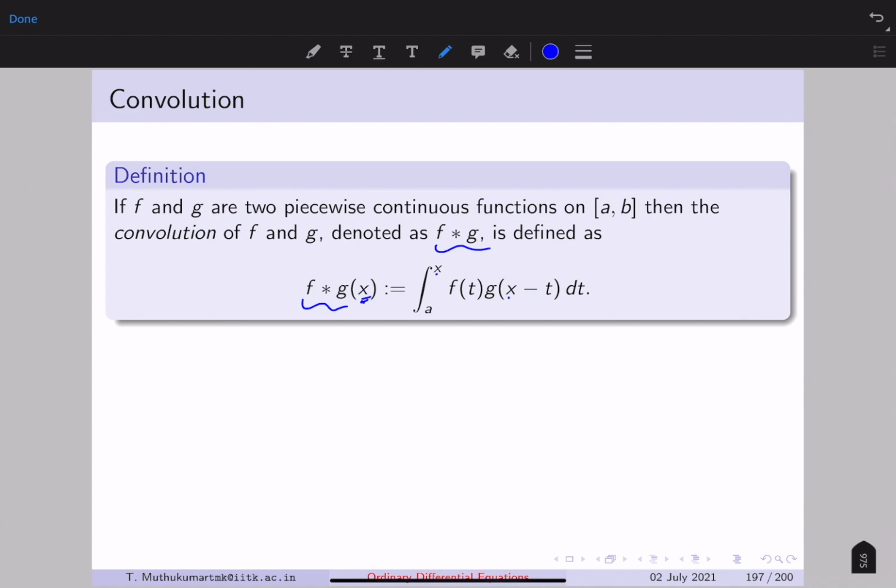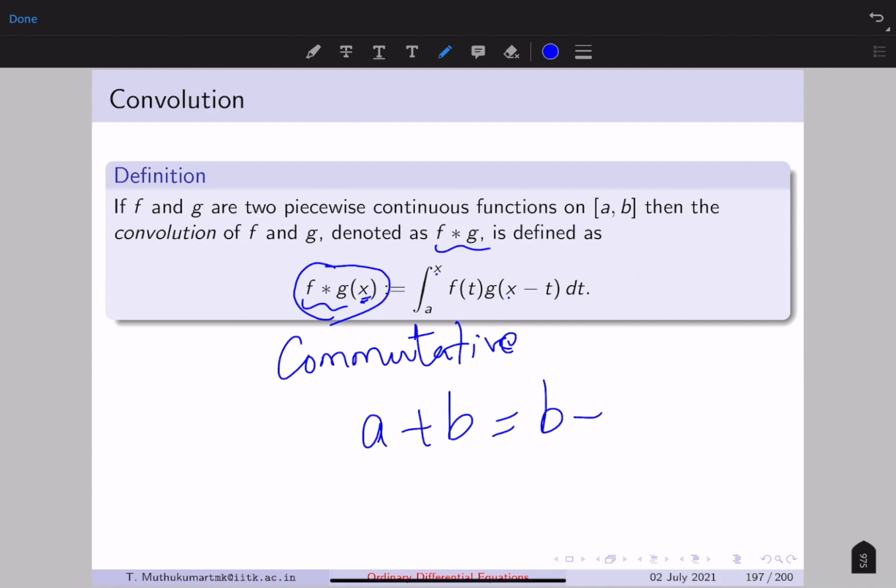The first property that you should observe about convolution is that it's commutative. What is commutative? It is the property you know, right? a plus b is the same as b plus a, and a times b is b times a. For real numbers this is true, and even for complex numbers this is true. This property is called the commutative property.